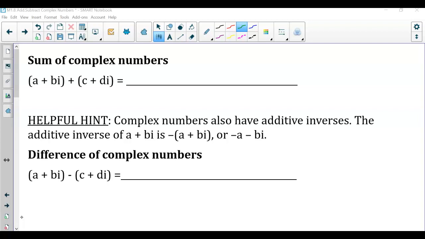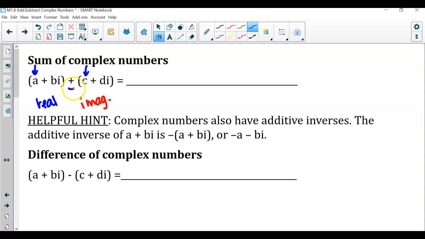Now we're going to get into the adding and subtracting, so the sum and the difference. But again, the whole purpose is making sure to combine like terms. So again, we need to make sure to identify the real because you're only going to combine the real. You're only going to combine the imaginary. You're going to combine like terms. So like if I have a plus bi plus c plus di, a and c are the real parts.